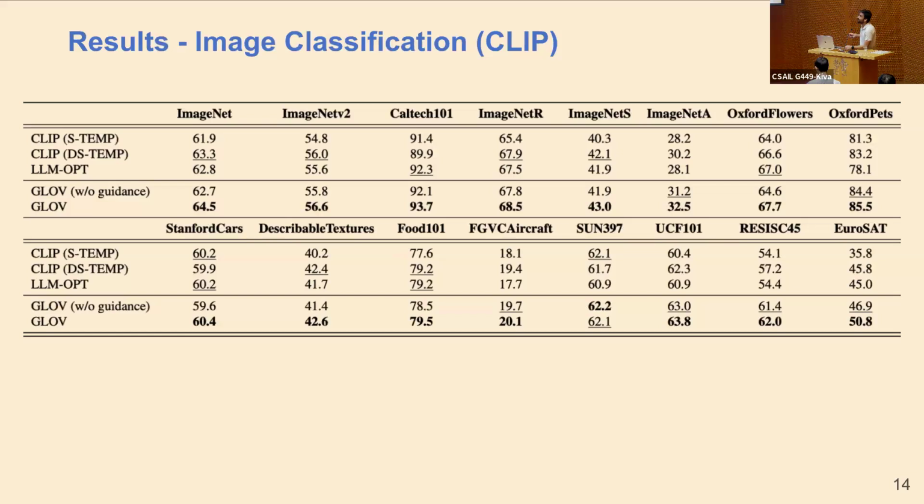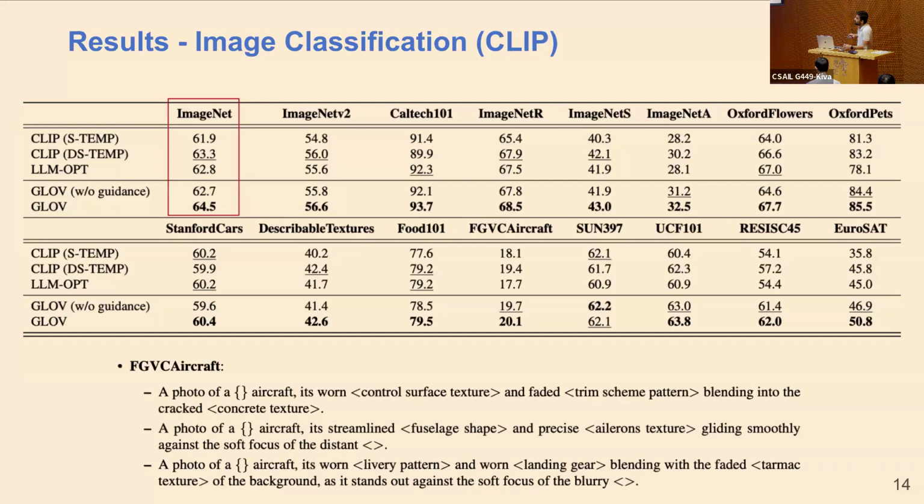Of course, this is the favorite slide for any researcher, because you have to show your bold numbers. This is the image classification results on CLIP. We can see, for example, for the large-scale ImageNet, it helps quite a lot, and actually on all other datasets as well. These are some of the natural language prompts which were generated.